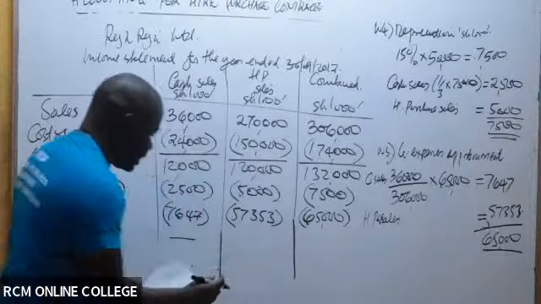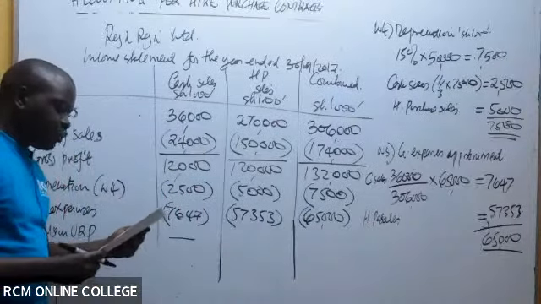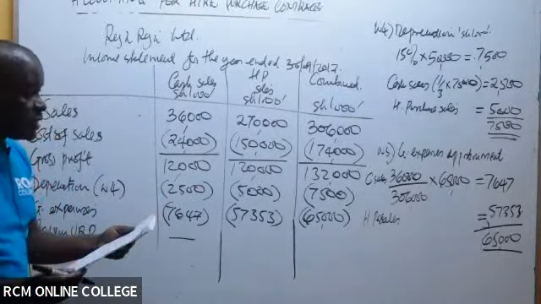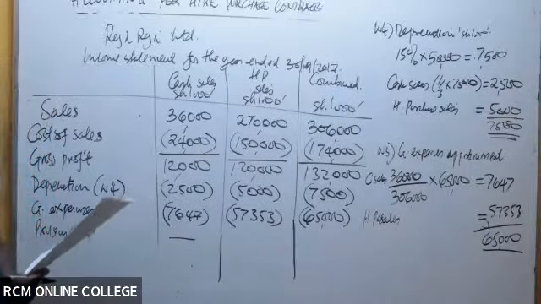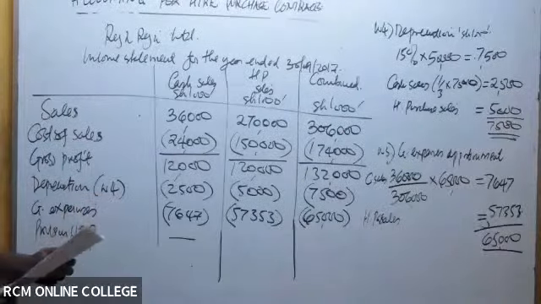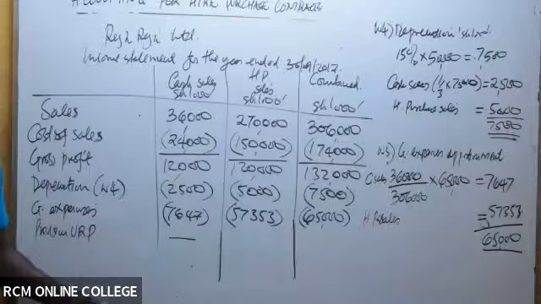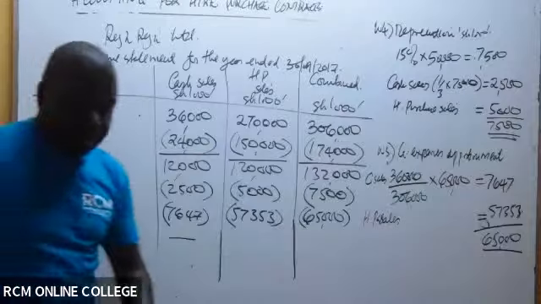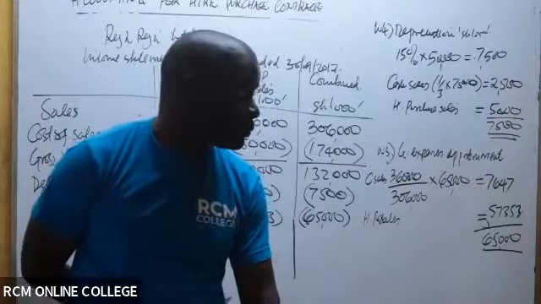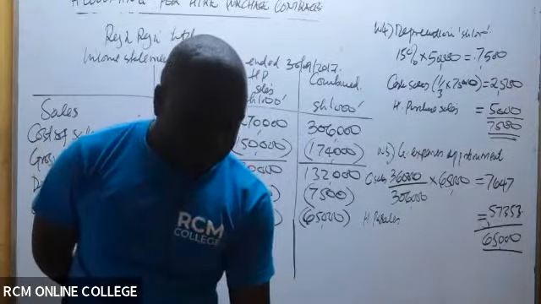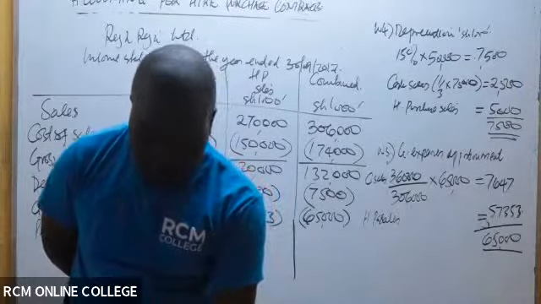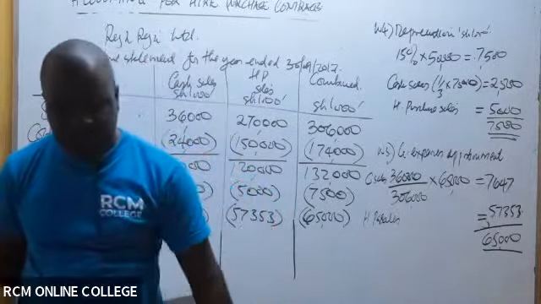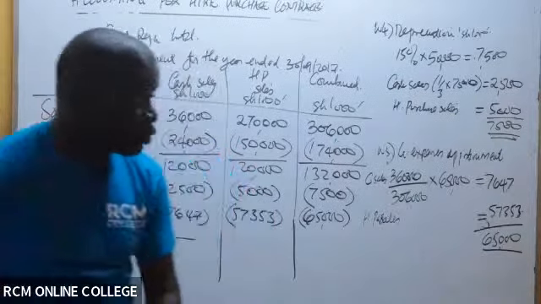Now, the unrealized profit we've been able to compute, in working 3, is actually 5,400 by the end of the year. But remember, in the trial balance there is 504, provision for unrealized profit at the start of the year.